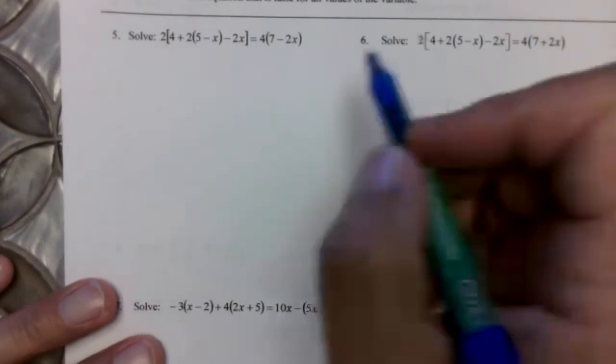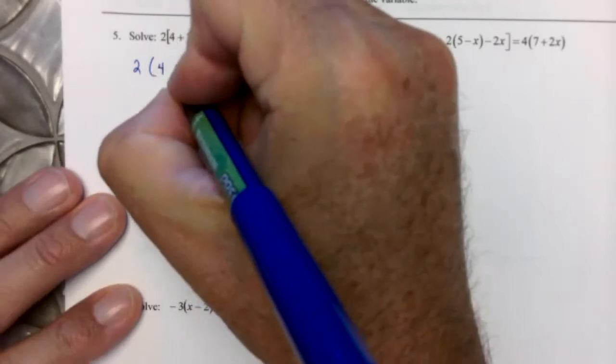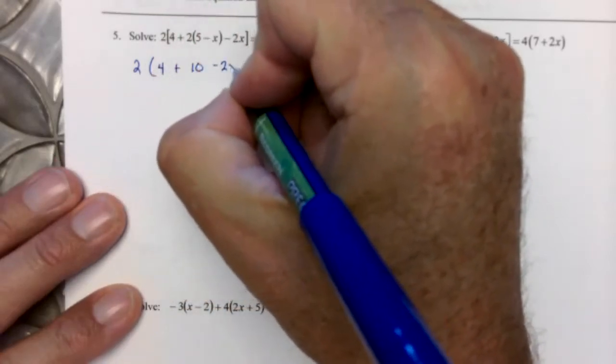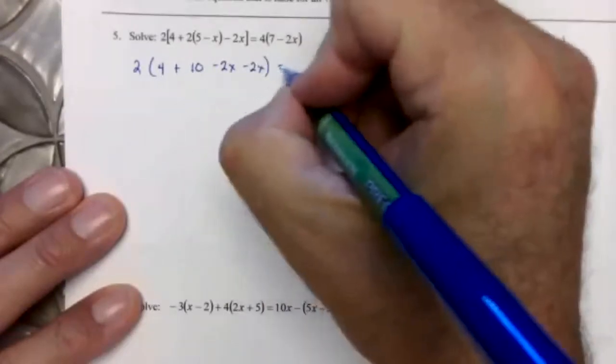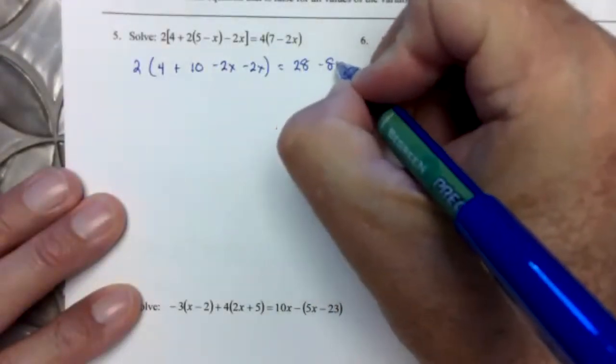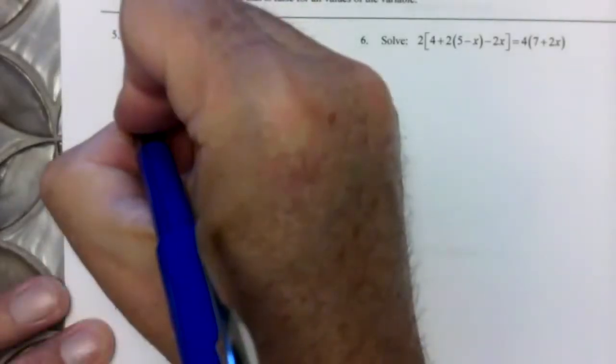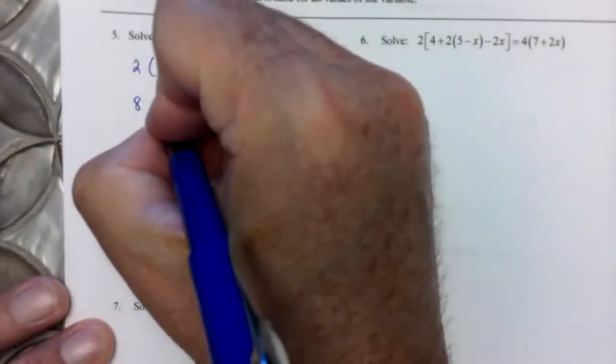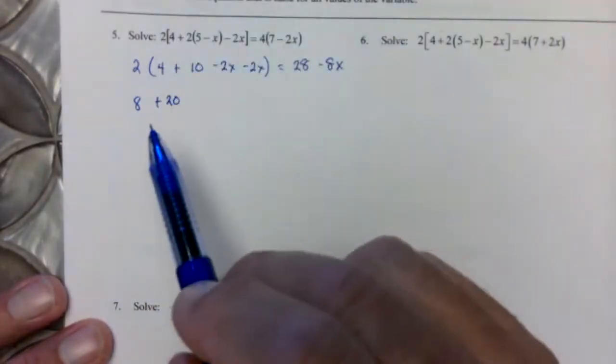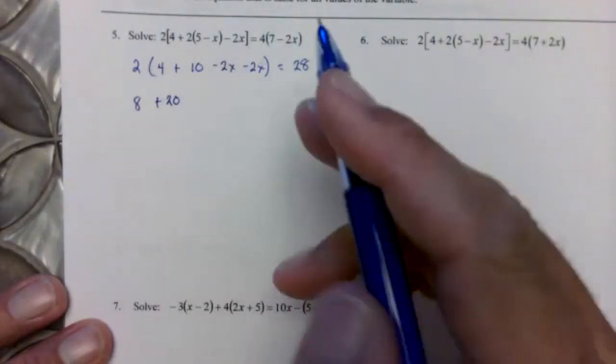I'm going to do it at the same time. So I took care of the inner parentheses on the left side, took care of the parentheses on the right side. Two is distributed away. 2's going by everybody.